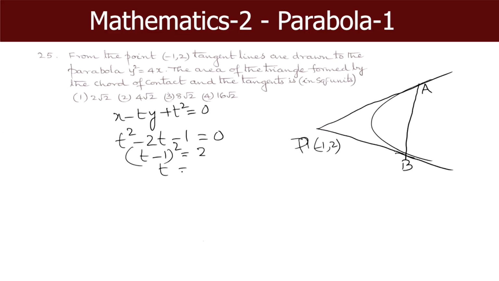So t equals 1 plus or minus root 2. These are the parameters, t equal to 1 plus or minus root 2. Here this is (t1², 2t1), and this is (t2², 2t2).